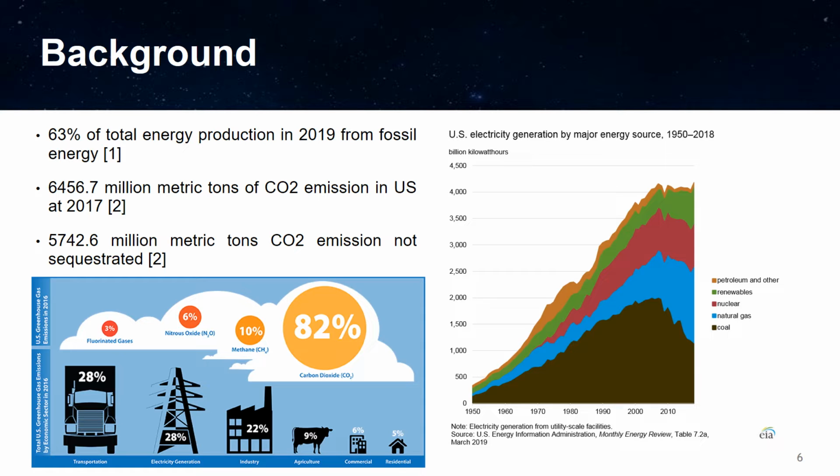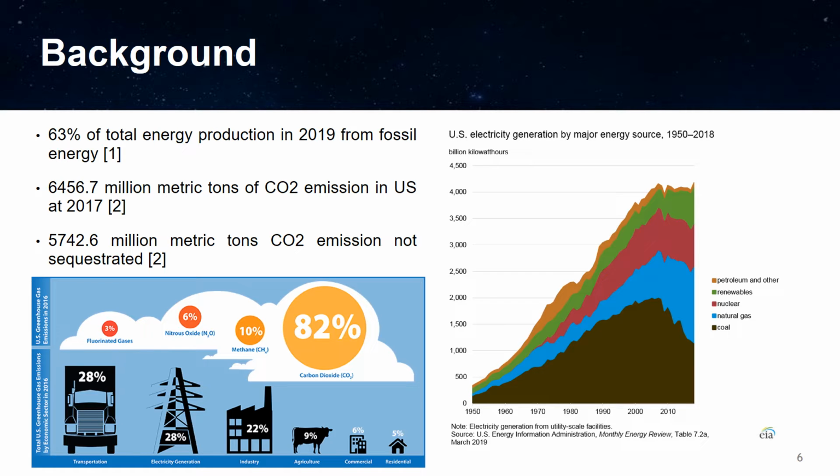If we look at the statistics, in 2017 we had around 6,500 million metric tons of CO2 emitted by different energy systems in the US.